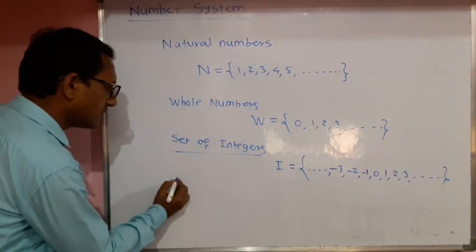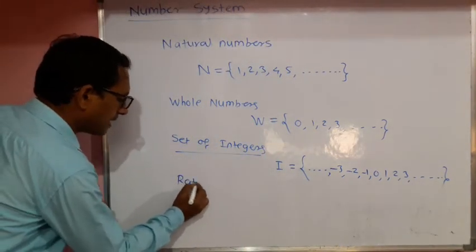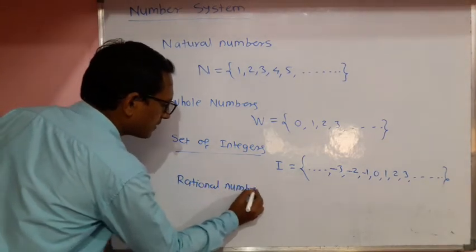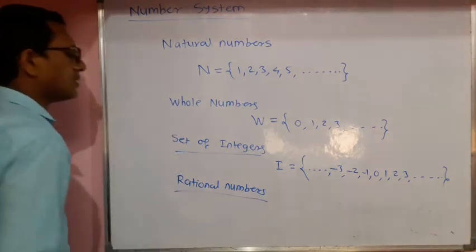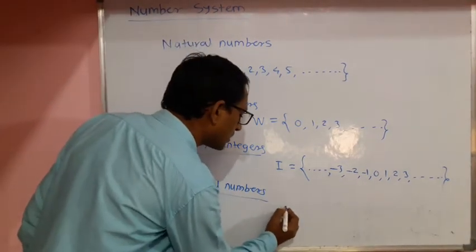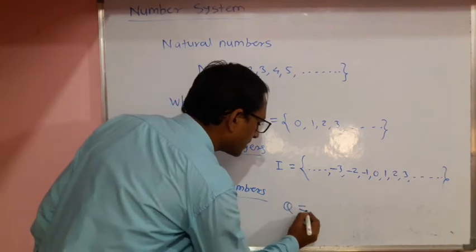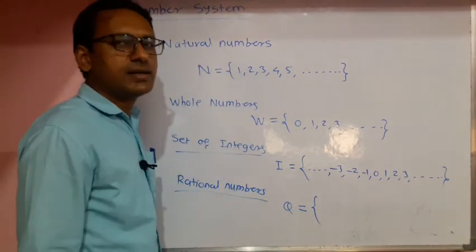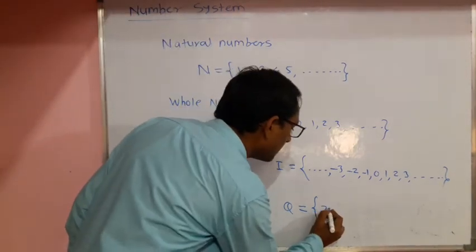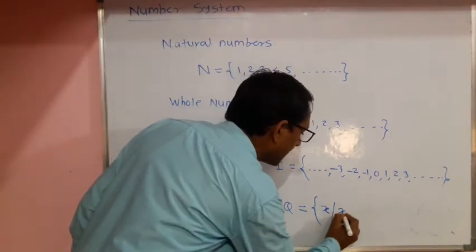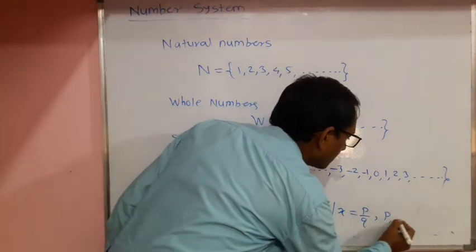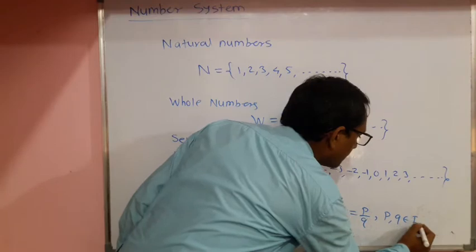The next set is the set of rational numbers. Either we say set of rational numbers or set of rationals. The set of rational numbers is represented by Q, and it contains all those elements x such that x is equal to p divided by q, where p and q are integers.